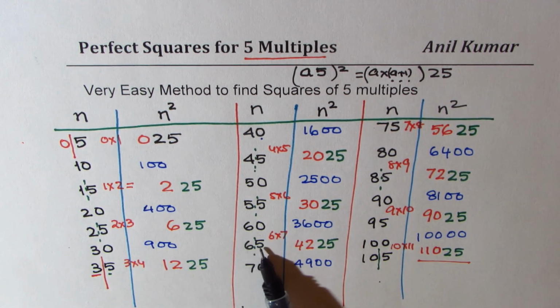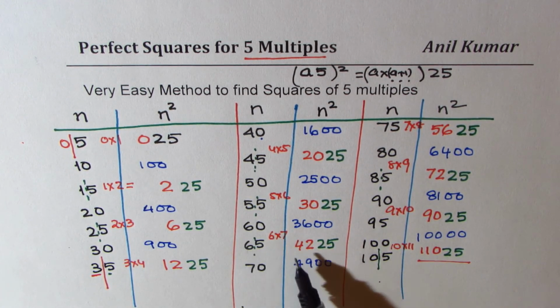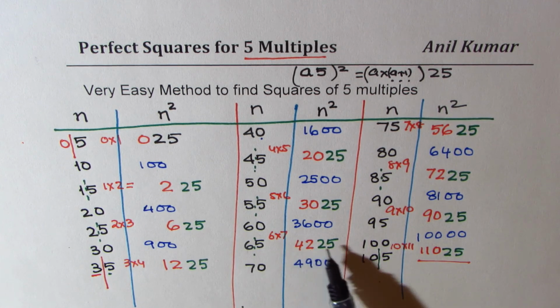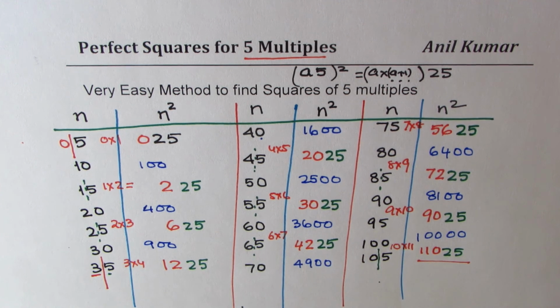For 65, we multiplied 6 by 7, a number higher, 42. So 42, 25 is the square of 65. Do you get the idea? So that is how you could find very easily the squares of these numbers which are multiples of 5. I hope you understand and appreciate the strategy. This can be applied very easily, and it's an easy way to remember also.